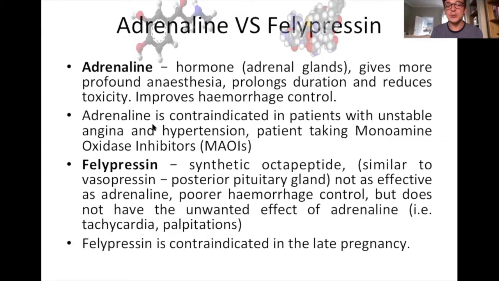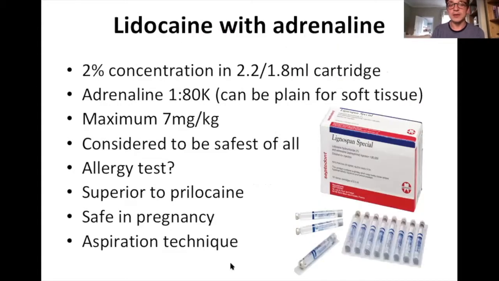So sometimes one may want to use Felypressin to avoid the other effects of adrenaline. For example, adrenaline would be contraindicated for patients with angina and hypertension, whilst Felypressin, or maybe even plain with no adjunct, might be better suited. But Felypressin is contraindicated in late pregnancy because it might cause premature labor.